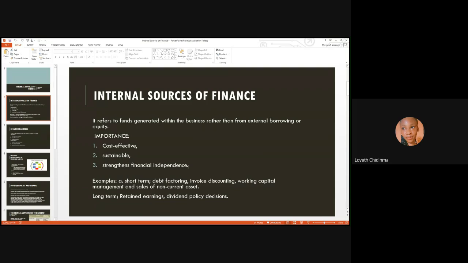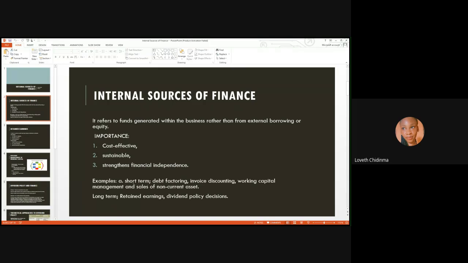That is, the company doesn't have to depend on external borrowing or shareholders to bring in funds. For examples, in the short term, we have debt factoring, invoice discounting, working capital management, and sale of non-current assets. In the long term, we have retained earnings and dividend policy decision.